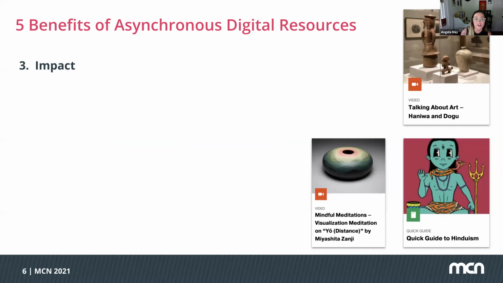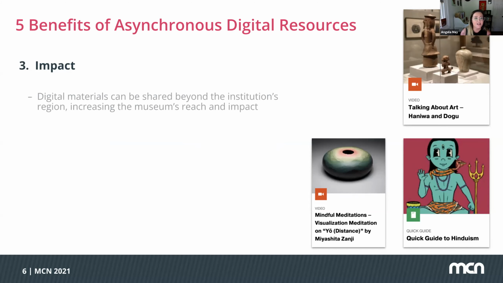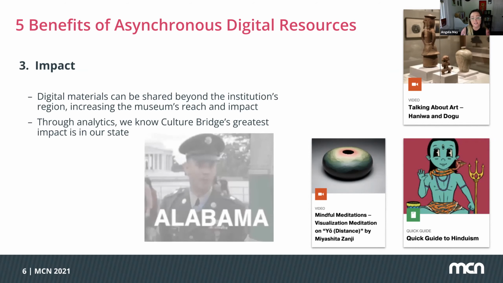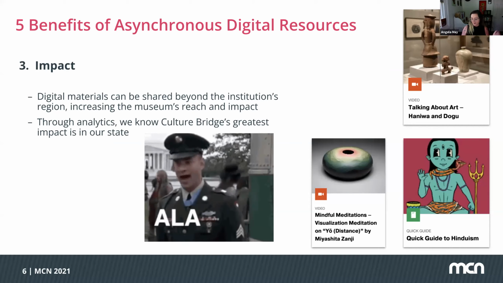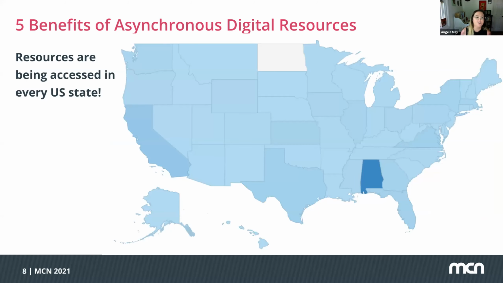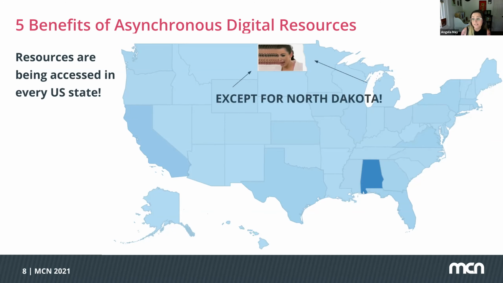So number 3 is impact. Digital materials can be shared beyond the institution's region, increasing the museum's reach and impact. Through analytics, we know Culture Bridge's greatest impact is in our state, Alabama, but resources are being accessed in every US state except for North Dakota.